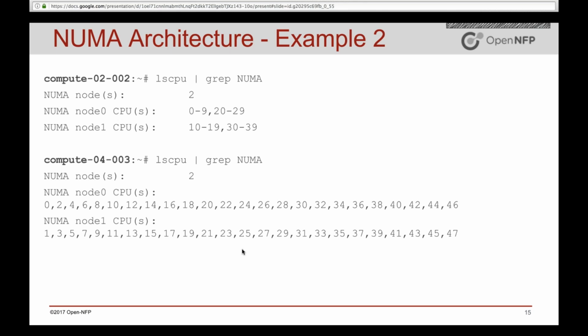So if you would like to pin a specific application on a single physical core, you would use a CPU, say 0, and then a hyperthread partner, in this case 20. And then for compute node 04 at the bottom, this is the exact same example as the previous slide where we had even numbers and odd numbers. So this slide just shows how the NUMA architecture can be different on different motherboards.